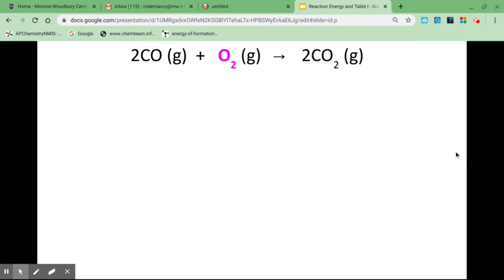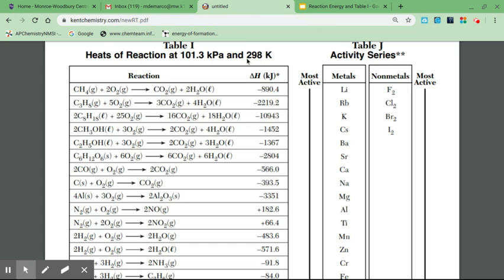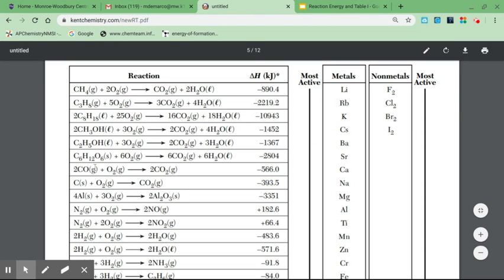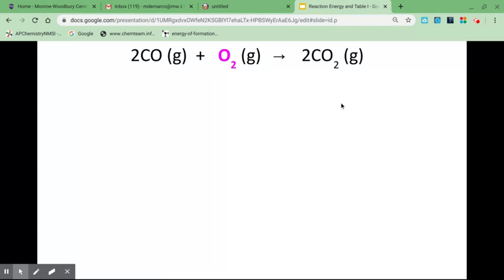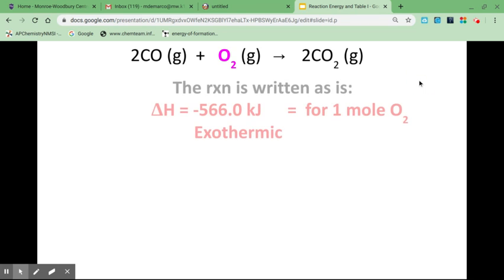So let's analyze this problem with these three steps and take it through the process. So first thing I'm going to do is look up this reaction on table I. Again, 2CO plus O2 gives us 2CO2. Well, that was the same one we looked at before. It's right here. So I know that this reaction is written as is. It matches.